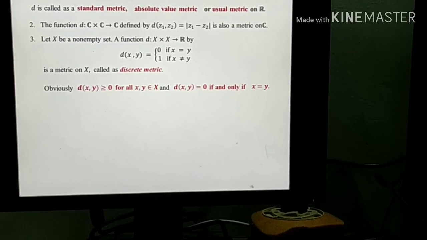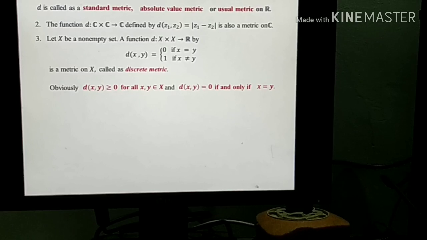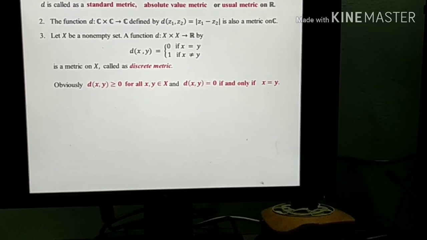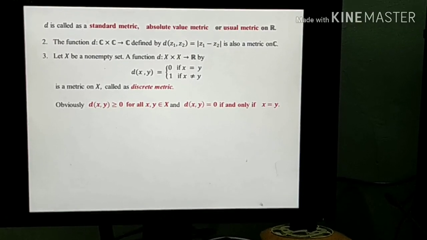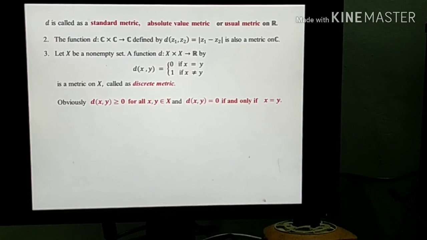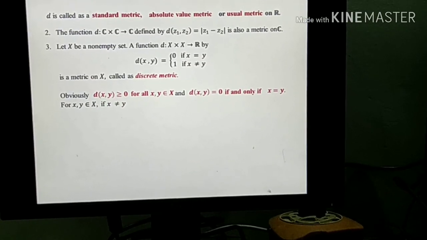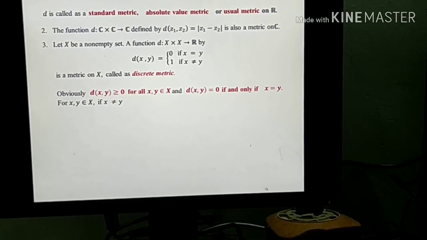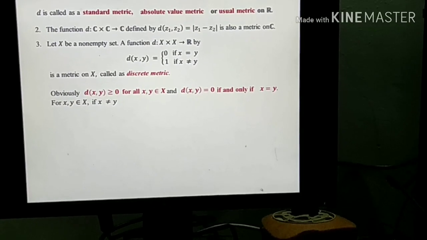Now for the third property, if I consider any two elements x and y of X, then there are only two possibilities: either x is equal to y, or x is not equal to y. If x is equal to y, then d(x,y) is equal to 0 and d(y,x) is also equal to 0.